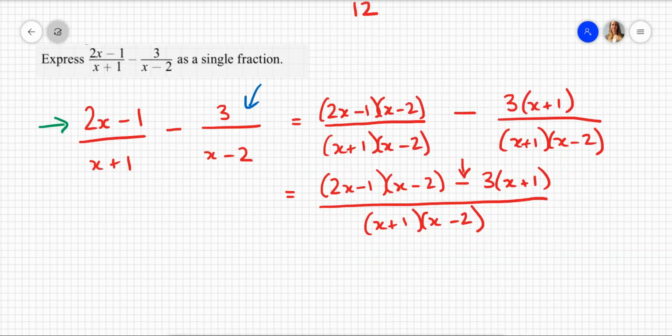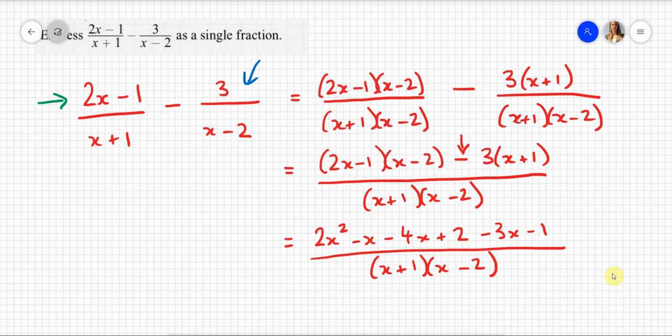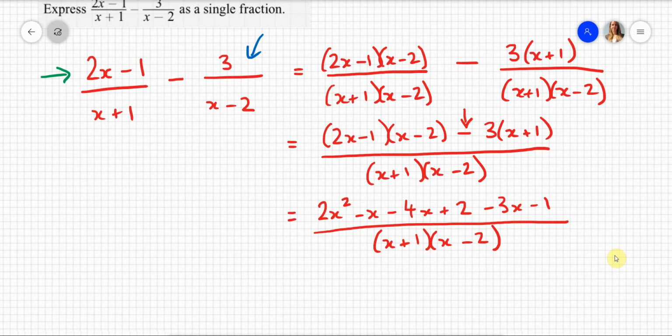The next thing I'm going to do is multiply out the numerator because some terms on the top should cancel, but I'm not going to bother multiplying out the denominator, as it doesn't make it any neater. So simplify the numerator by collecting like terms.